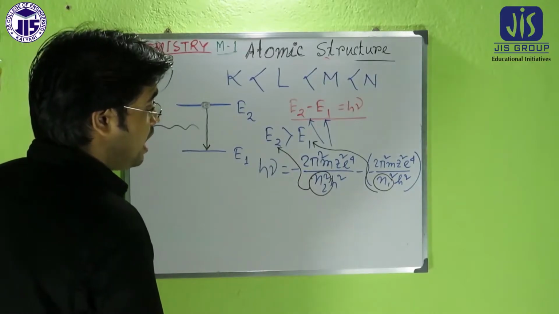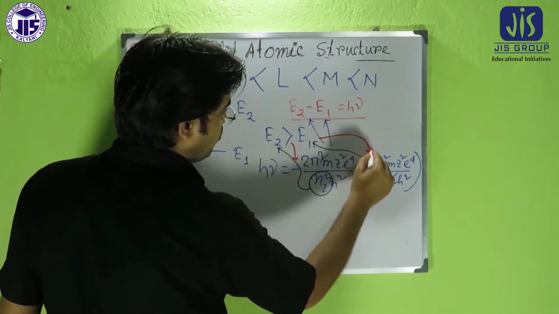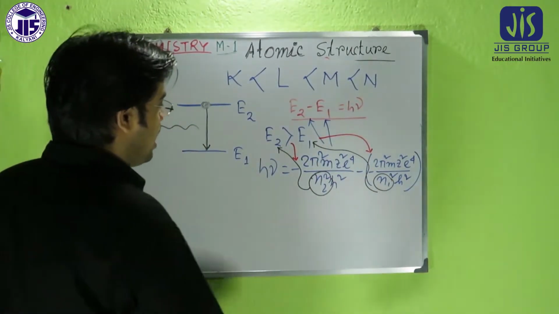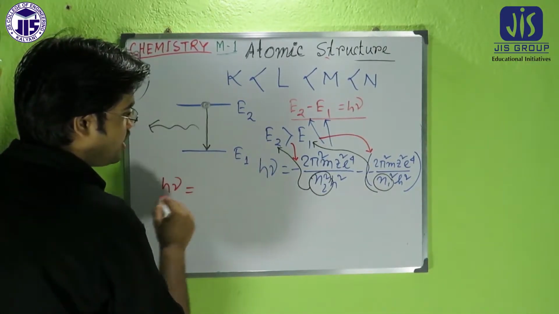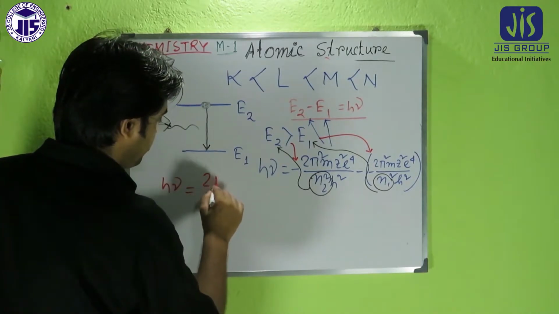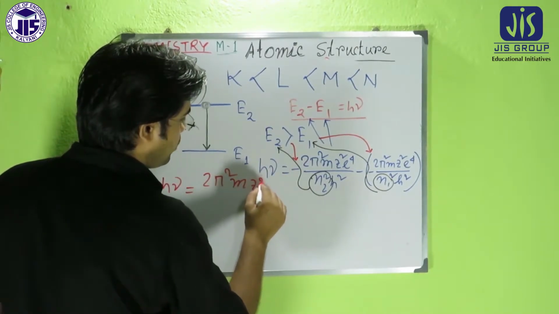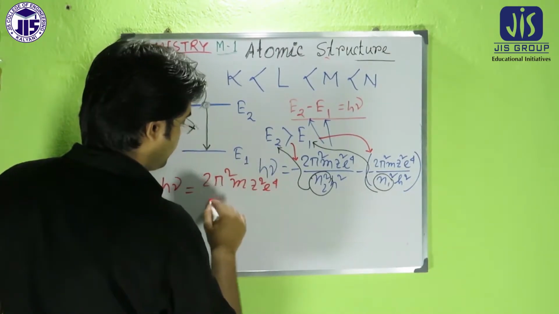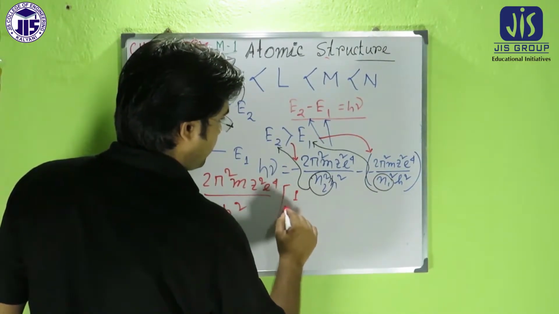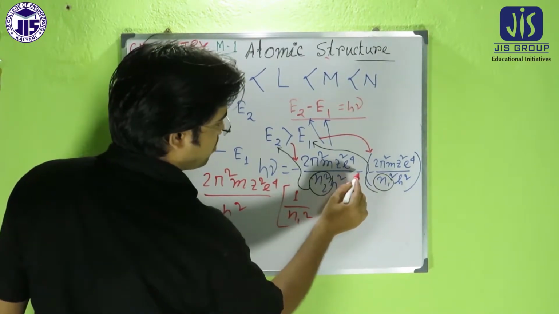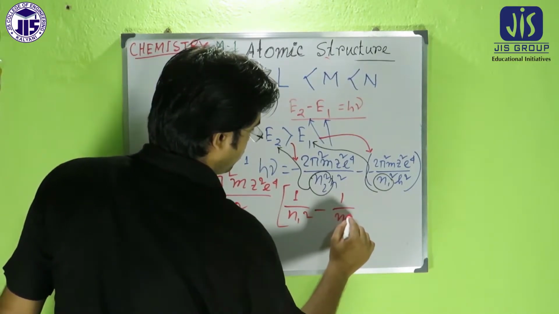Then we can write that for E2 that is the energy expression, and for E1 that is the other energy expression. Now from here we can write the common term: h nu equals 2 pi square m z square e to the power 4 divided by h square, times 1 by n1 square minus 1 by n2 square.